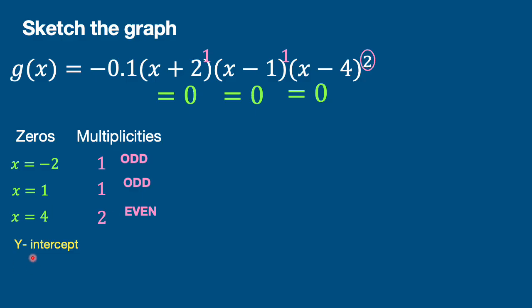We already found the y-intercept, (0, 3.2). Then the end behavior: the graph falls to the right, and also falls to the left. That's what you found, right?